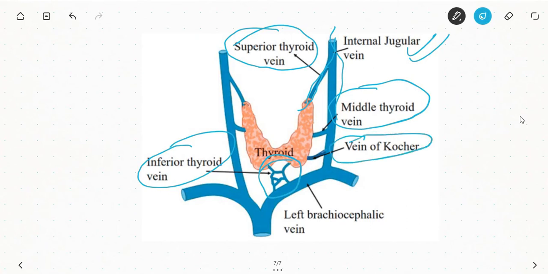They don't follow the artery. And the last one is the vein of Kocher. It is rarely found. It is between the middle thyroid vein and inferior thyroid vein. That is the vein of Kocher.